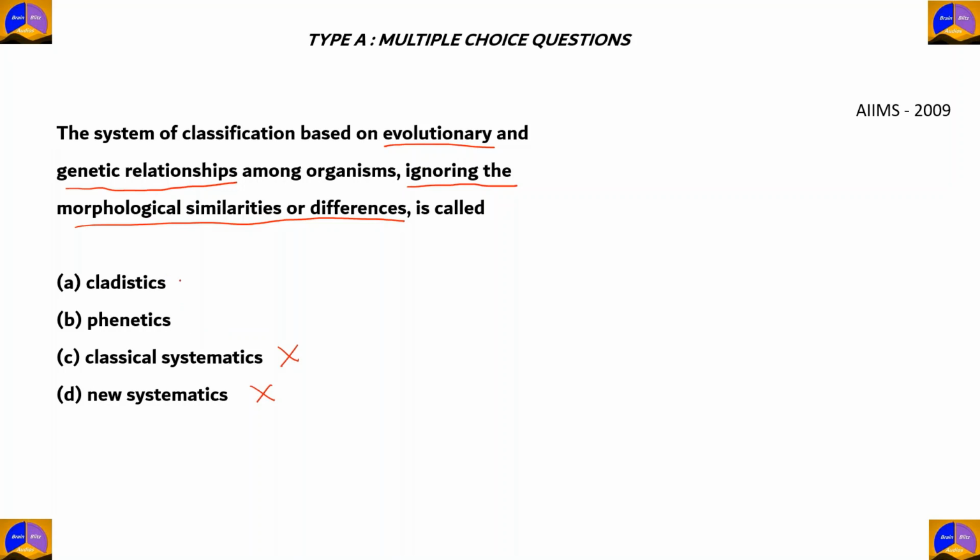The right answer given is cladistics. This is the branch of science which is based only on evolutionary and genetic relationships, and it uses homologous characters only, which phenetics does not use as well.